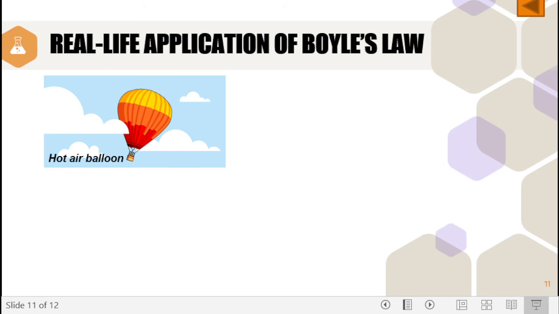On ignition of the fuel, the air inside the envelope heats up. The hot air expands as per Charles' law. As the temperature of the air increases, the volume of the air also increases, and consequently, the density decreases. This causes the hot air balloon to rise up.